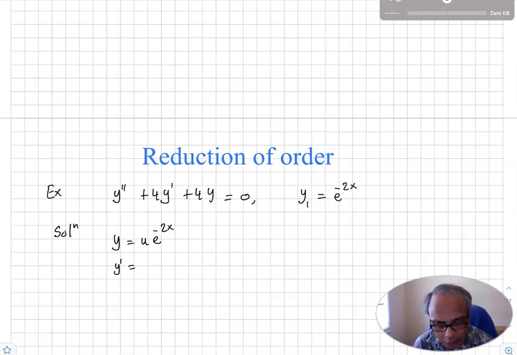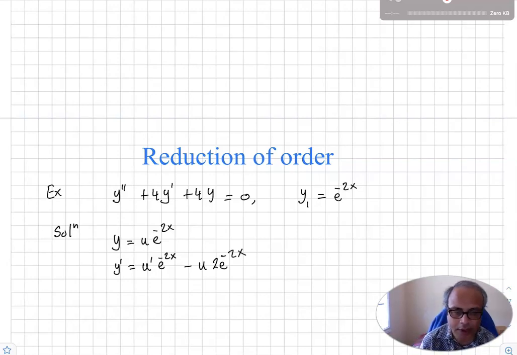So y prime is going to be, so you differentiate it. This is a product rule. Okay, so you differentiate first function and differentiate second function.